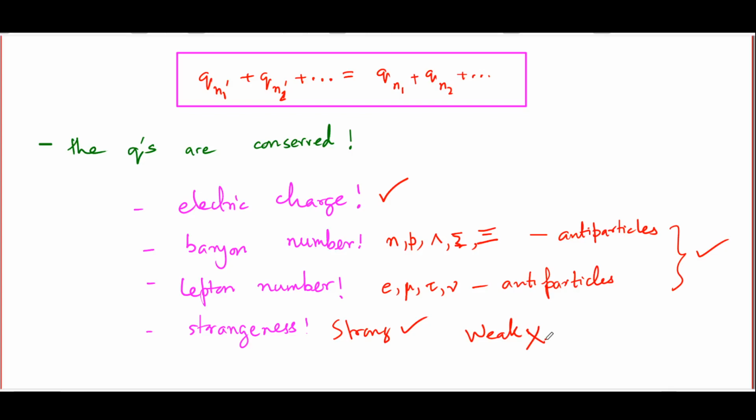is conserved in strong interactions, and because lambda 0 happens to be the lightest strange particle, it could not decay in any process which conserves strangeness. On the other hand, it could decay via weak interactions because this particular conserved quantity is not really conserved under weak interactions.